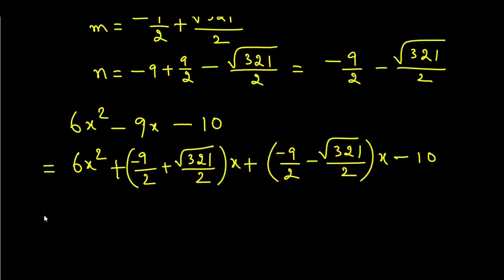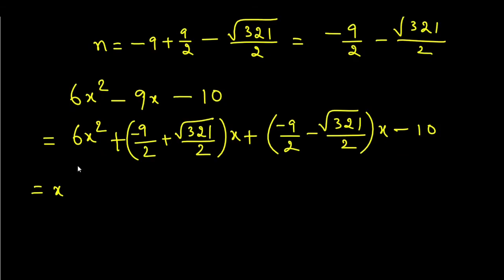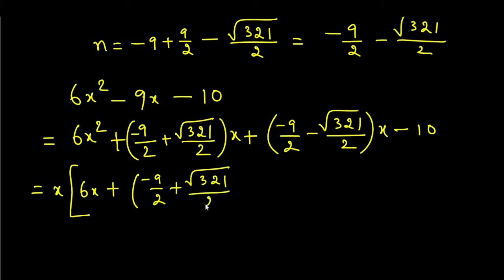Here we have x as a common factor. We remain with 6x here plus minus 9 by 2 plus under root 321 by 2.